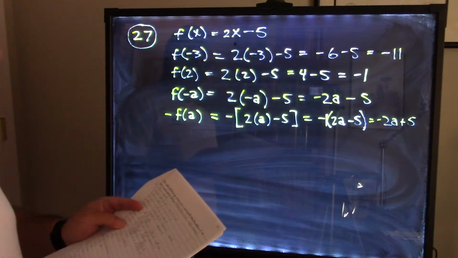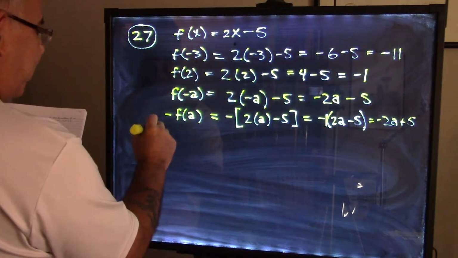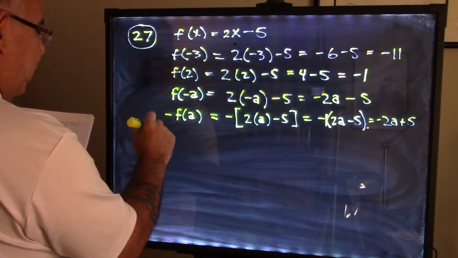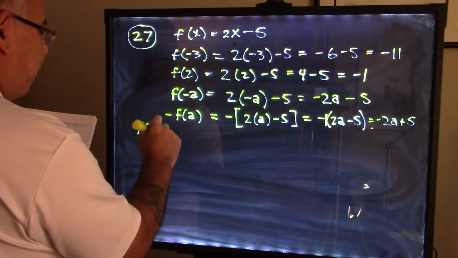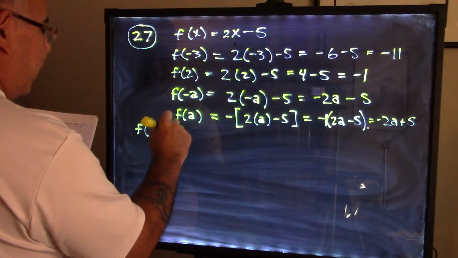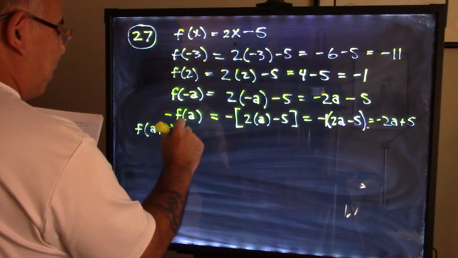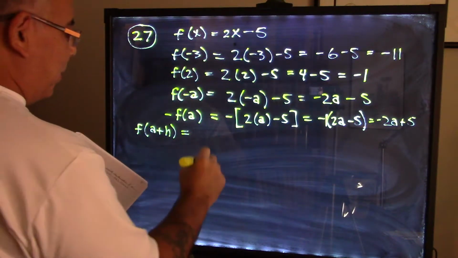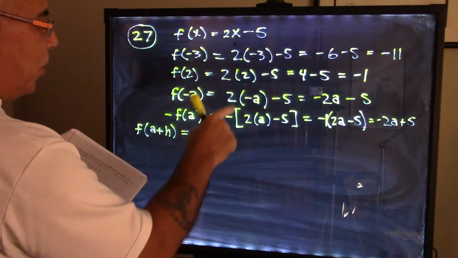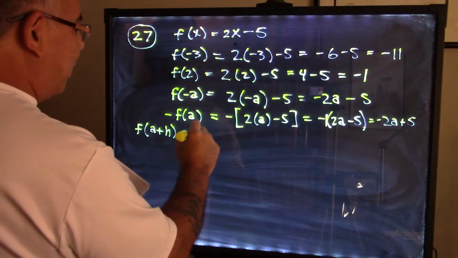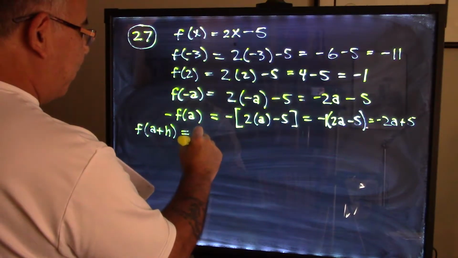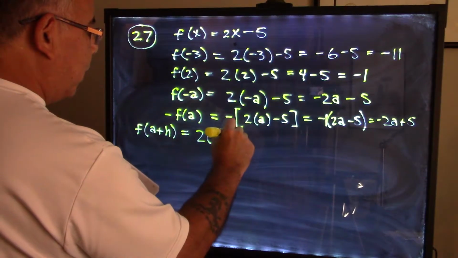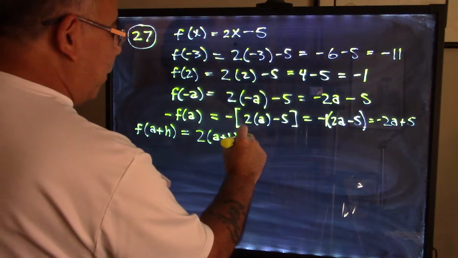Next, last but not least, f of a plus h. Uh-oh. This has 2 things in it with a plus sign. Oh my gosh. Alright, well, no problem. Just put the a plus h instead of the x. And if you're in the habit of using parentheses like I did up here, it's pretty obvious. 2 parentheses a plus h, and then minus 5.